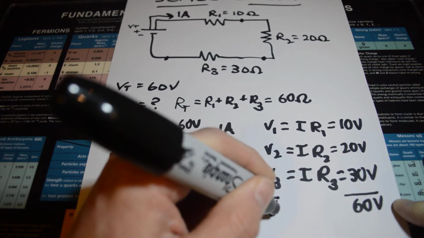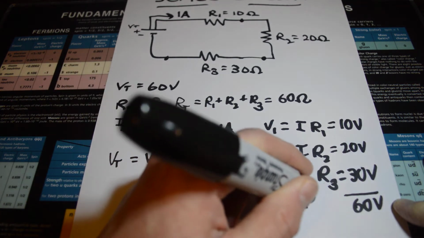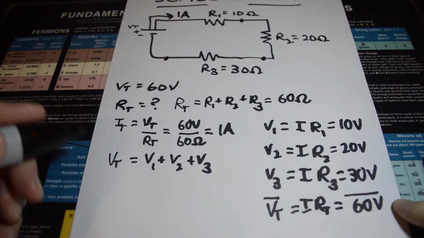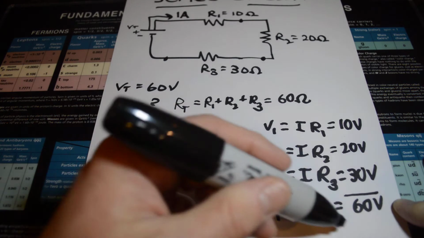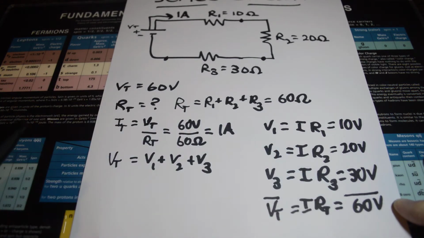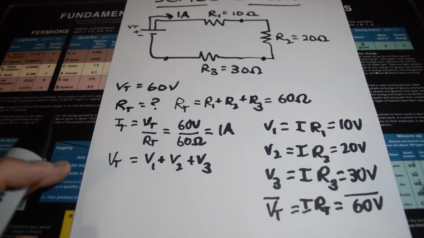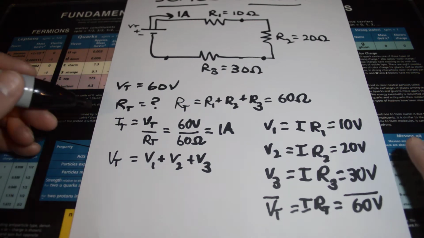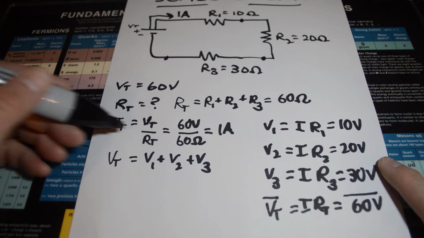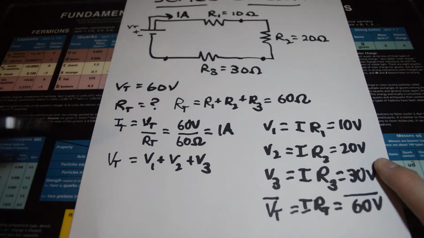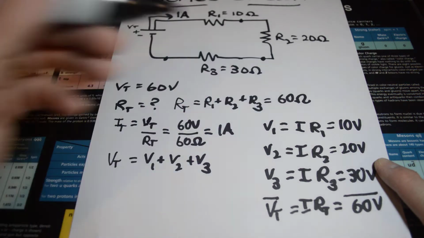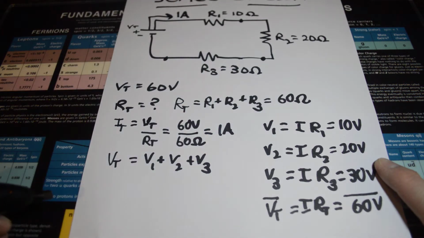But if you think about it, that's just the total current times the total resistance. 1 amp times 60 ohms is 60 volts. So if we think about that, it works out pretty nicely and it seems to make sense. Things to remember: the current is the same throughout, the total resistance is additive, and the voltage is additive.